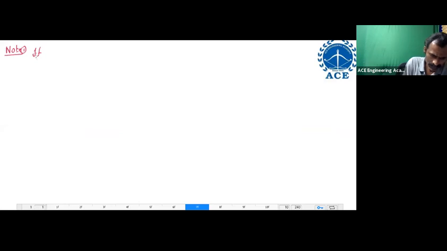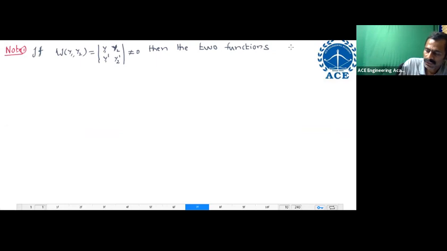If W of y1, y2 equal to the second order determinant y1, y2, y1 dash, y2 dash is not equal to 0, then the two functions y1 of x and y2 of x are linearly independent functions.